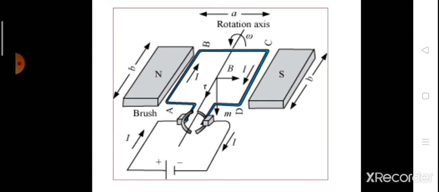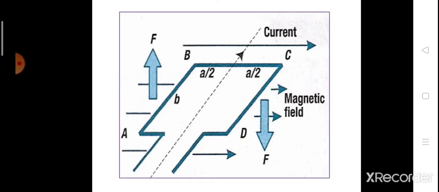Sides BC and AD will not contribute to the torque as their forces are collinear, but the sides AB and CD will contribute to the torque since their forces are equal and opposite. So the directions of forces are as shown in the figure. They will be equal in magnitude but opposite in direction.